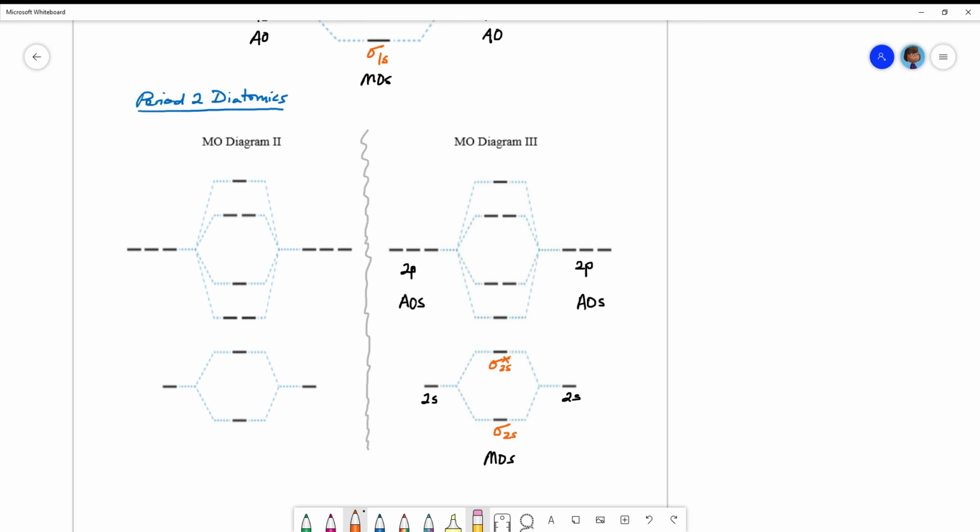Low energy stable bonding, high energy less stable antibonding molecular orbital. Okay. Now, what happens when the two p orbitals on each atom combine together? Well, let's remember that the p orbitals are oriented x, y, and z.